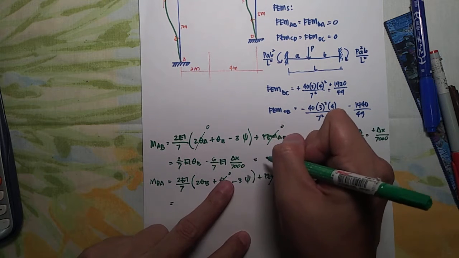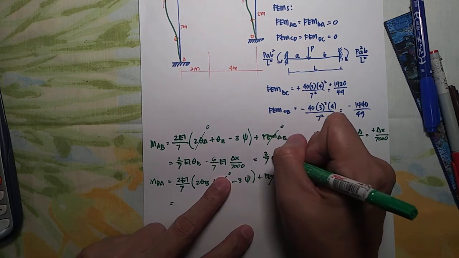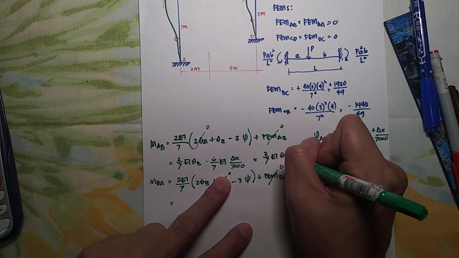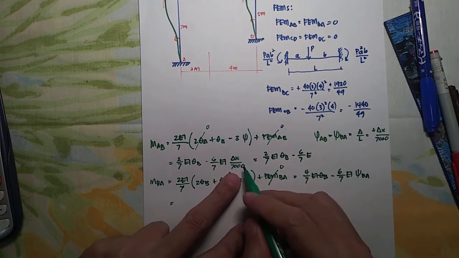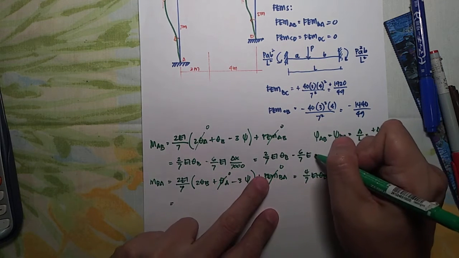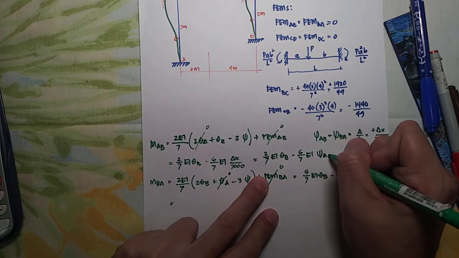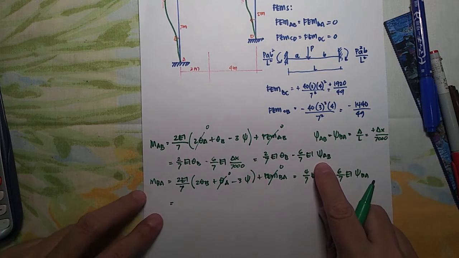So this could be written as 2 over 7 EI theta B minus 6 over 7 EI times delta x over 7,000, which is actually the psi AB. So I'll just express it in terms of psi first.